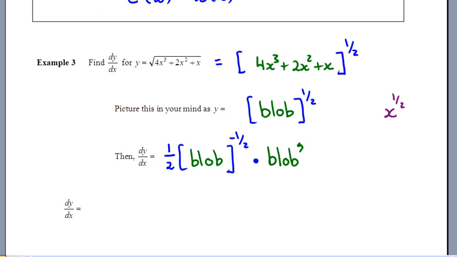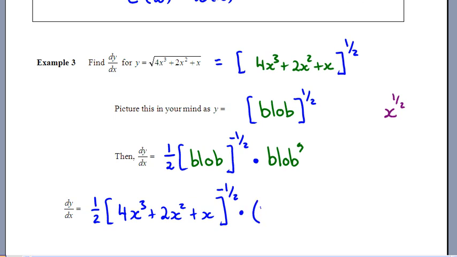So it would actually look like this. Right from the start, you jump right into this and say, okay, I can see this here. I'm ready to go. Here's what the derivative is going to look like. We're going to go with the pattern, 1/2, and then just leave the blob, 4x cubed plus 2x squared plus x, all to the negative 1/2, times 12x squared plus 4x plus 1.